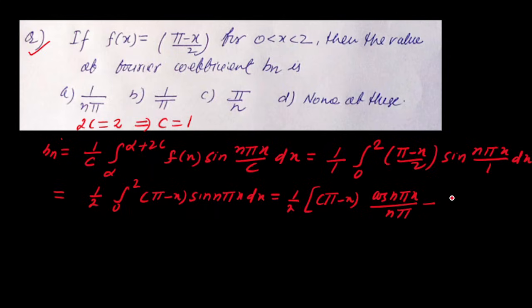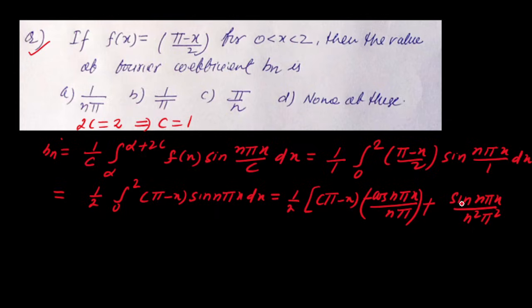Let me write it directly. It will be minus sine n pi x divided by n square pi square. I hope you got it. First function, integration of the second function, that is the sine function. So I will get, sorry, minus cos n pi x by n pi, and then minus, so the integration of the minus will make it plus.